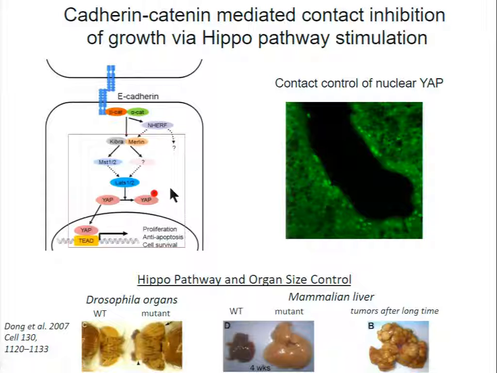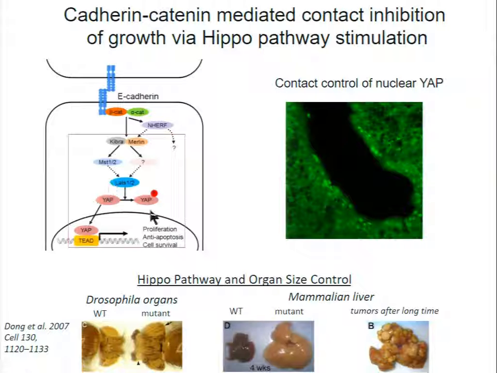So the pathway involves a kinase cascade, the so-called Hippo kinase, MST in mammals, activates the LATS kinase, which phosphorylates YAP and keeps it out of the nucleus.